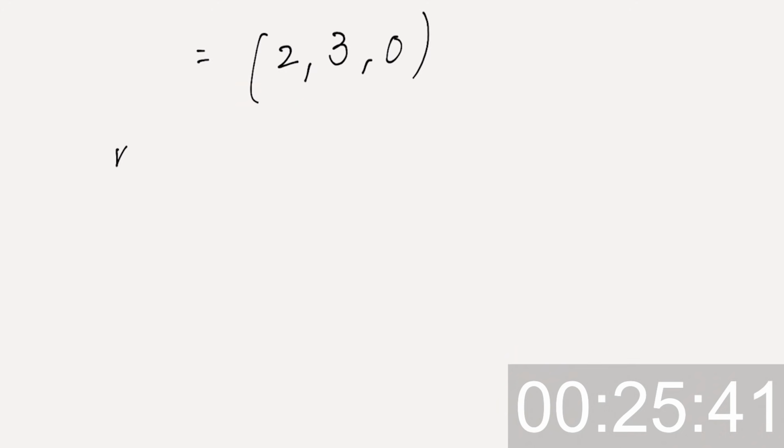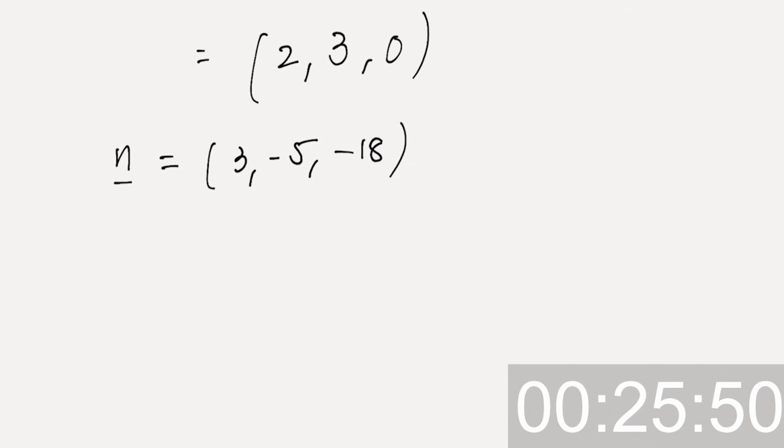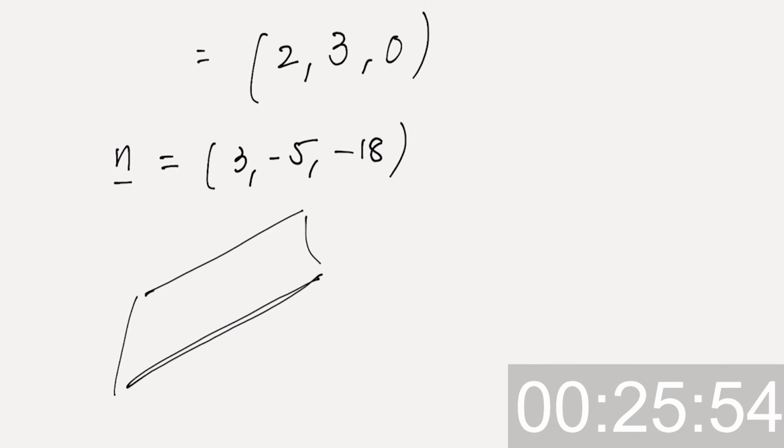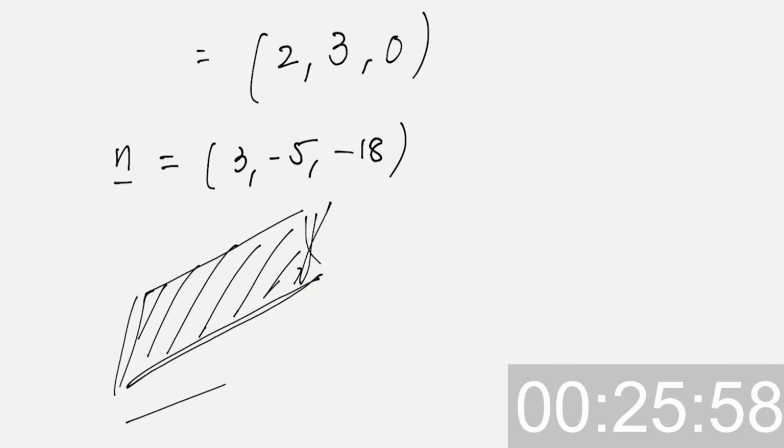Well, I know the normal to the plane from the plane equation, so that's (3, minus 5, minus 18). If I do some kind of sketching, I've got a plane, and a straight line, and the angle between them. So I need to know the normal of the plane down to my line. That's how you calculate angles between these things.